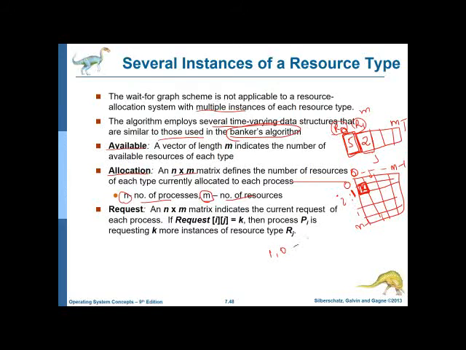If it indicates k, that means k instances have been currently allocated to that process. That is the basic idea. So allocation is the number of resources of each type that has been currently allocated to each process. Which process are we talking about? P1. And which resource? R0. So P1 has k instances of R0 allocated.